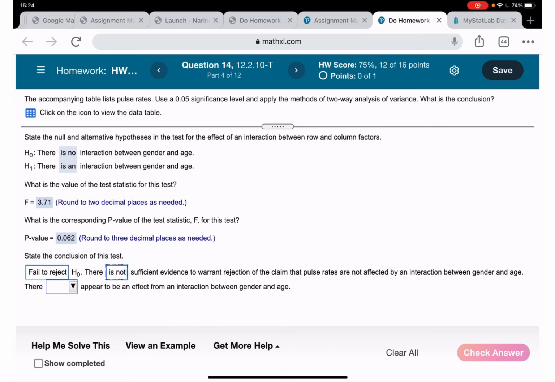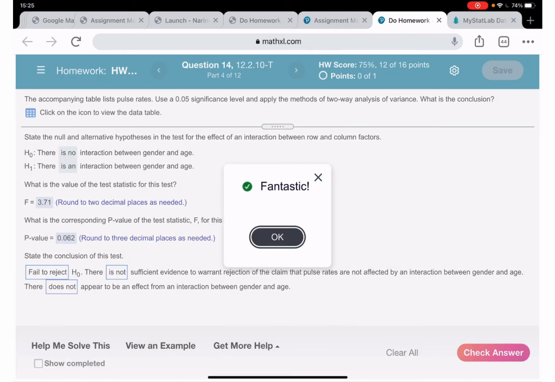So there does not appear to be an effect of an interaction, because we fail to reject. We accepted the null hypothesis. Okay, fantastic.